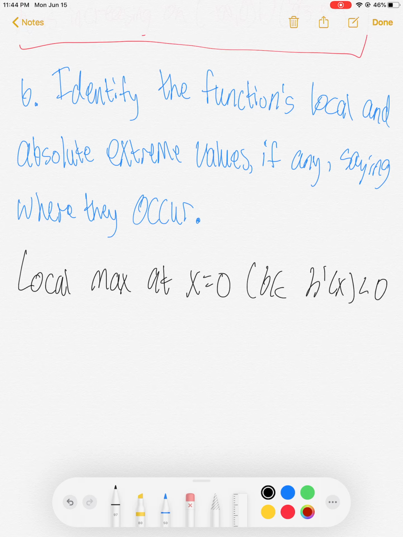And so kind of intuitively, we can see that it looks like I'm going to have a local max there and a local min there. And indeed, that is the case.